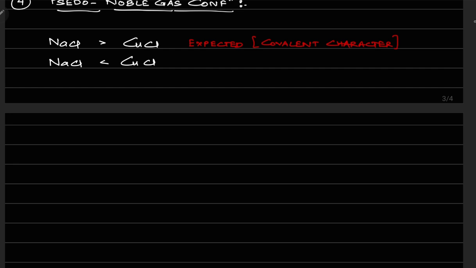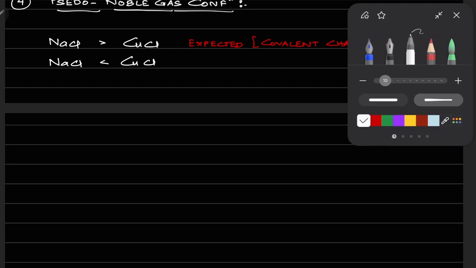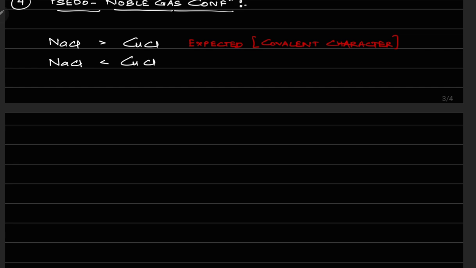And why is it so? This is because Cu, if you remember, Cu in +1 oxidation state achieves a pseudo-noble-gas configuration. And because it occupies or achieves a pseudo-noble configuration, let me write it over here, its covalent character increases.